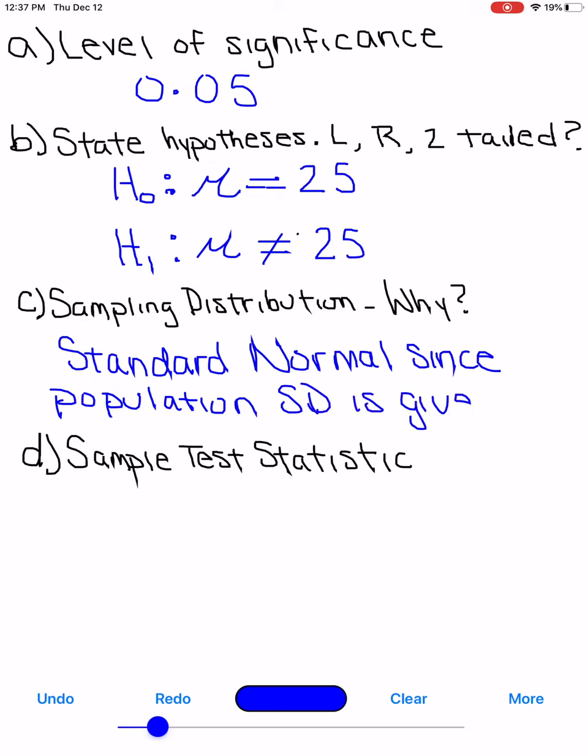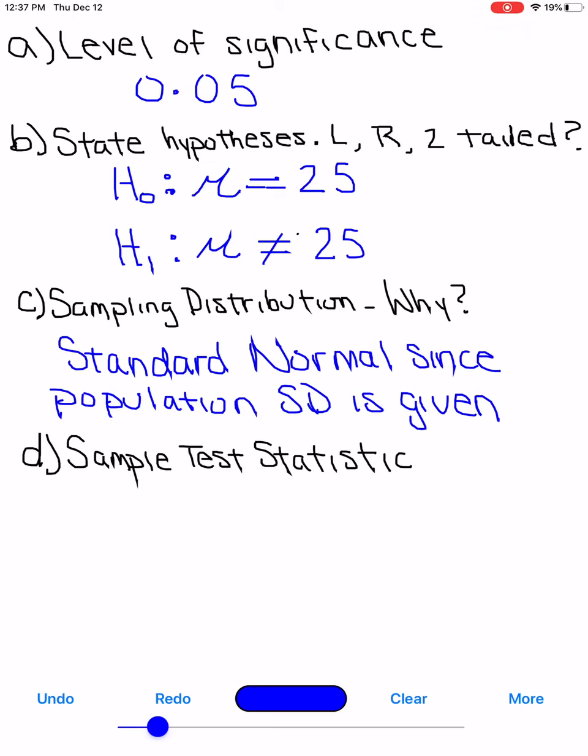And this can be seen right in the paragraph where it says population standard deviation is 9.84 years. If it doesn't say population standard deviation, you will then use a t-table or student's t-table for your sampling distribution.